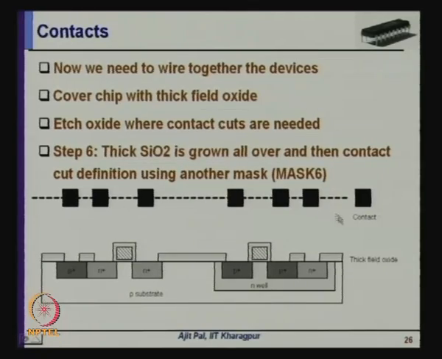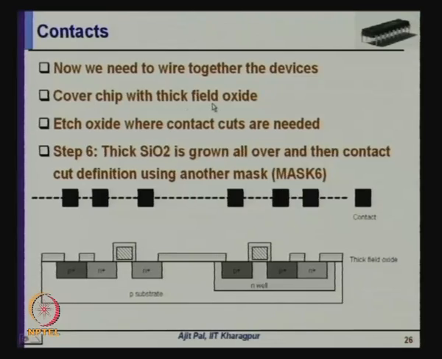You will require a separate mask to create contacts, wherever you have to make contact with other parts of the circuit. Now you need to wire the devices together, and for that purpose you require these contacts.